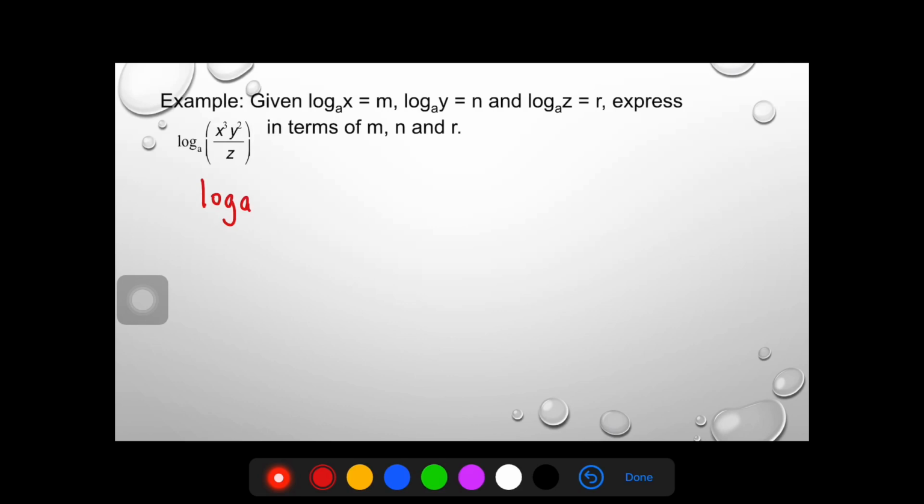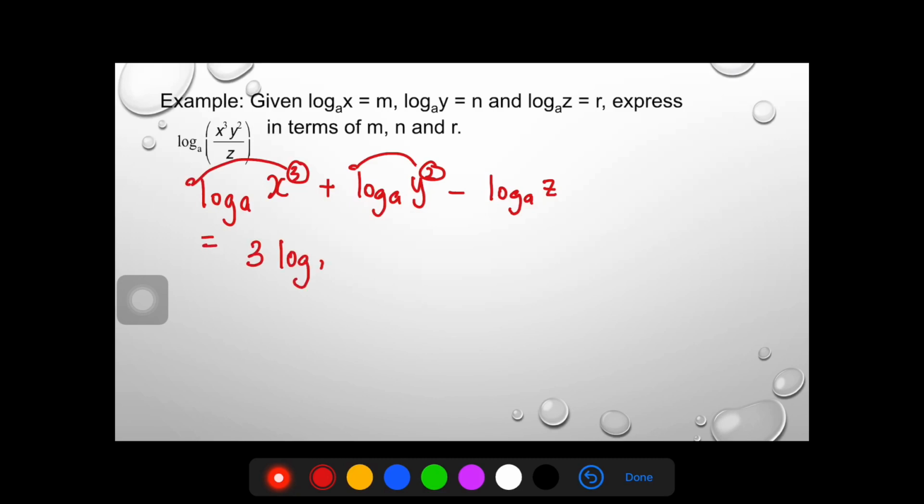Log A, x cubed plus, multiply means plus, log A, y squared minus log A z. Okay, all the power here, we bring it to the front. Then this will become 3 log base A x plus 2 log base A y minus log A z.